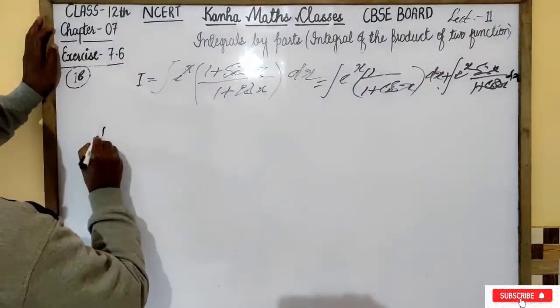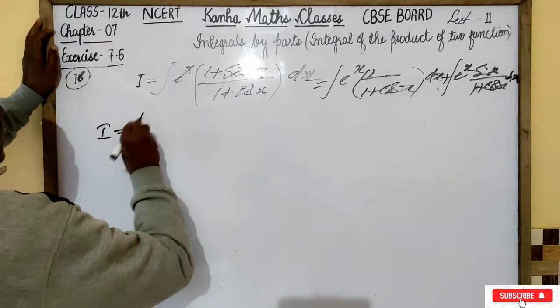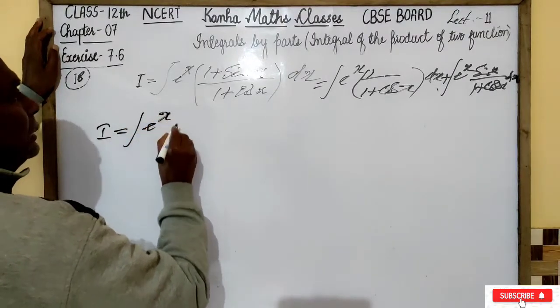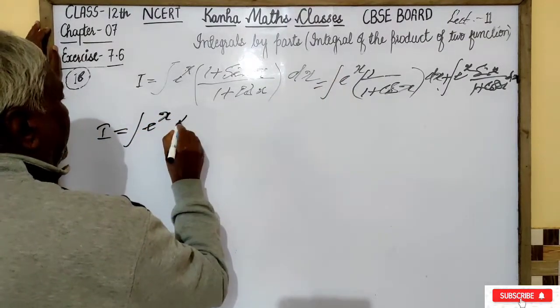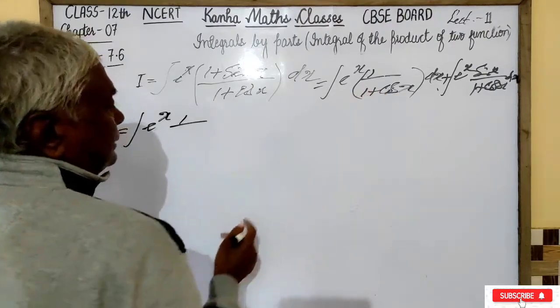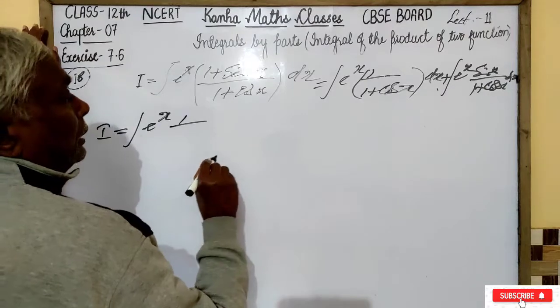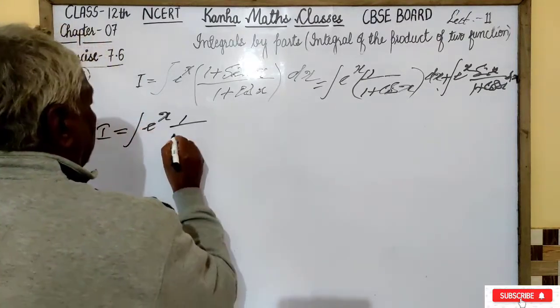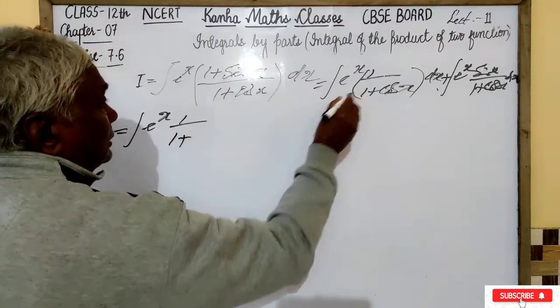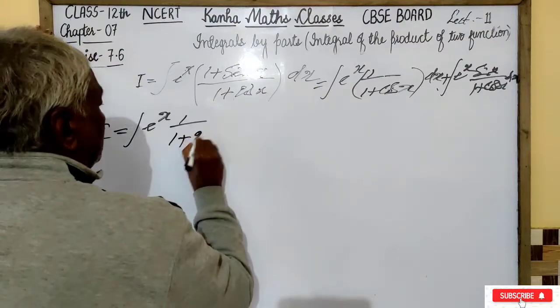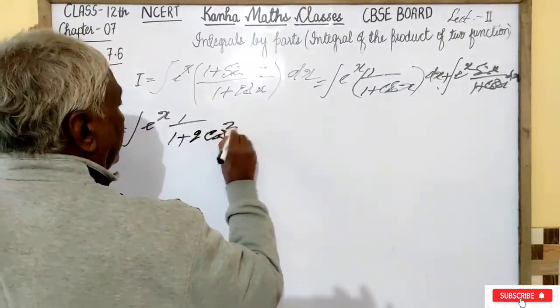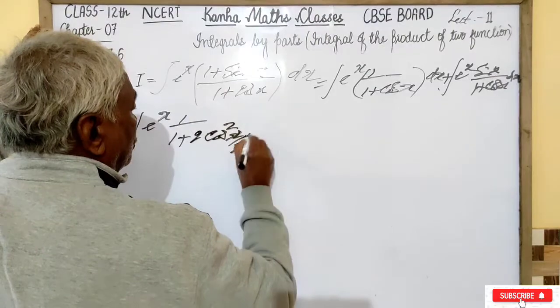Here we will try to use e^x. 1 upon 1 plus cos x will be solved in the manner such that 1 plus cos x will be 2 cos square x by 2 minus 1 plus 1.